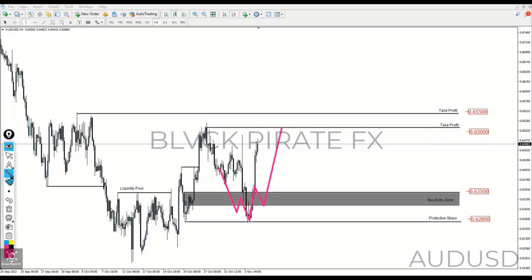As it stands, we had price dip into the zone itself. We had this candle open, trade up, and then come all the way down. We created a sort of swing low right there. Price traded high and then came down.